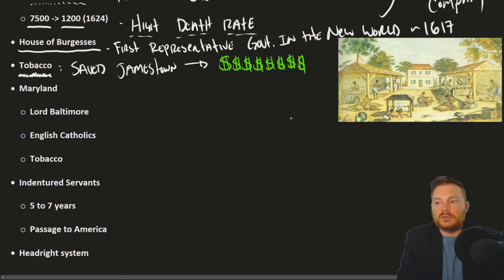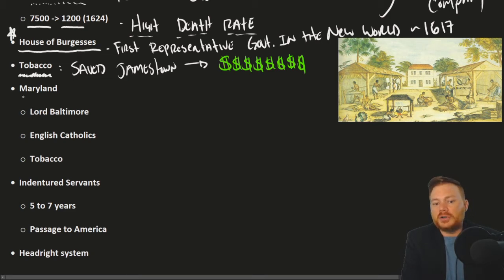So that's sort of an important point to take note of. What's interesting, though, is that the reason why the House of Burgesses was created was not because it was seen as a progressive form of enlightened government. It was simply an effort to try and draw more people to a part of the world where anyone who got there pretty much died. So certainly take note of the House of Burgesses.